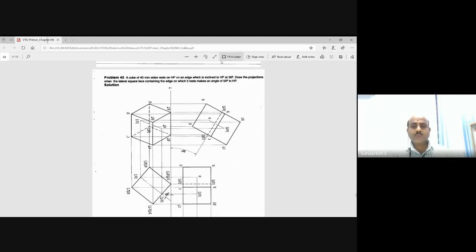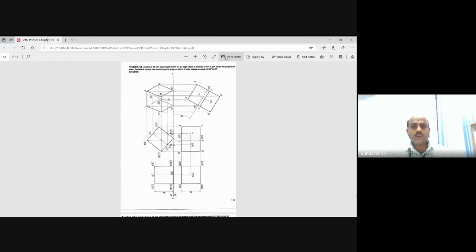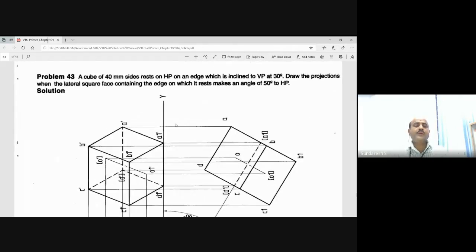Yeah, so let us take this problem. Please note down this problem. A cube of 40 millimeter sides rests on HP on an edge which is inclined to VP at 30 degrees.